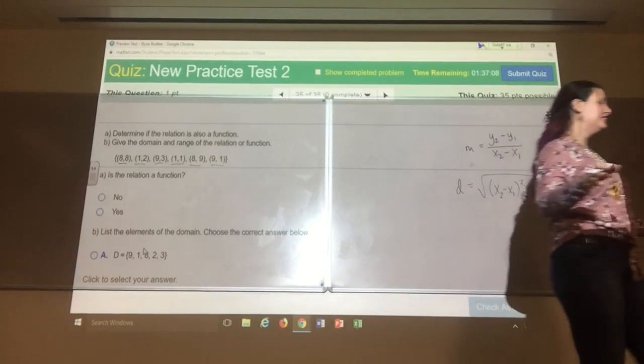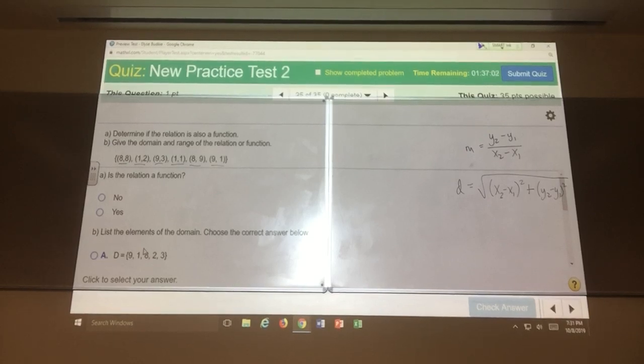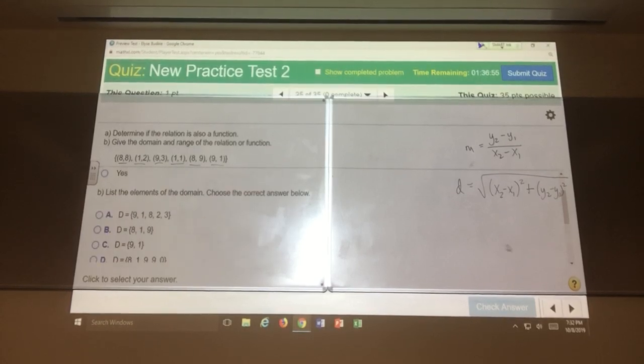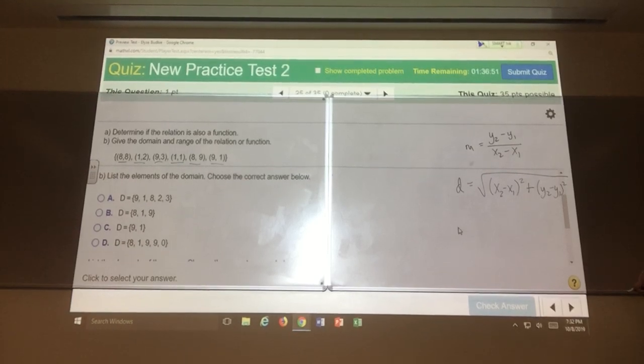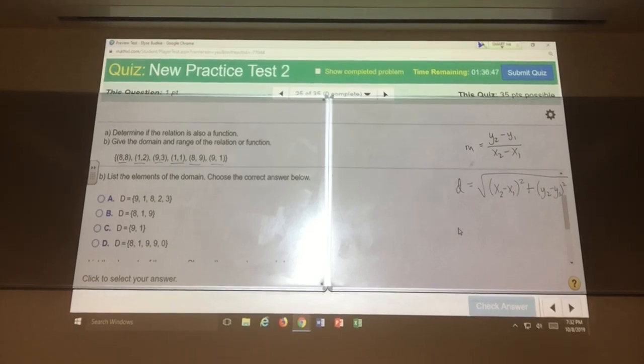Everything is repeated. Because x is going to different y values, it's not a function. So, we would say no, and then elements of the domain: you look at just the x values. So, 8, 1, and 9.